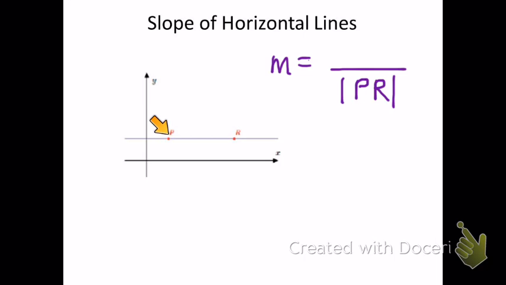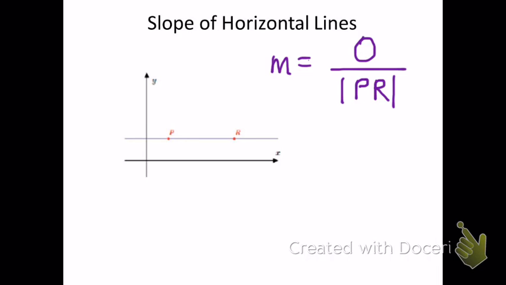But what's the difference in their y coordinates? Well, notice for any 2 points on a horizontal line, you look over here, oh, their y coordinates are the same. And so when I subtract them, I'm going to get a big 0.